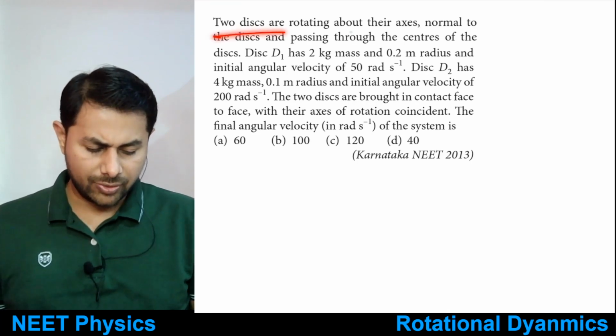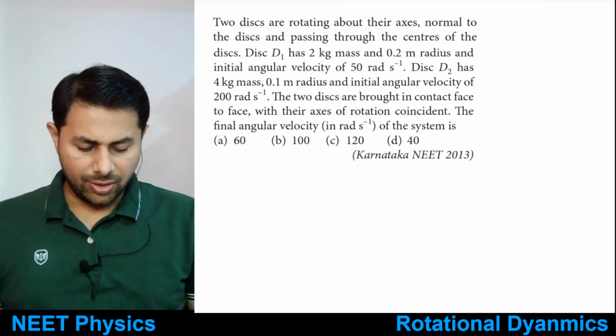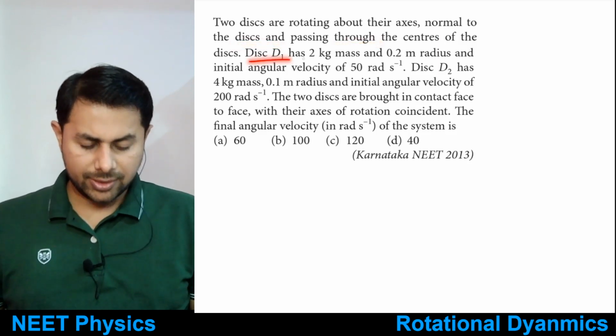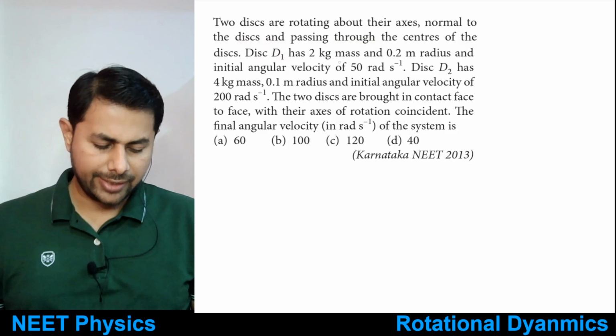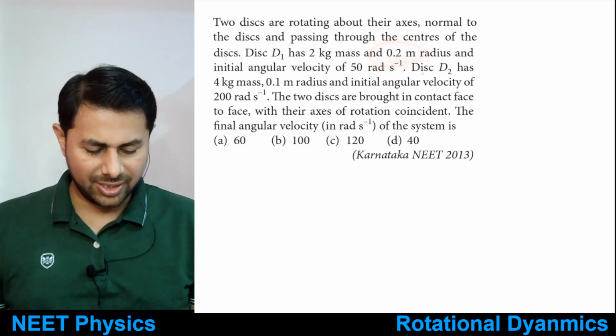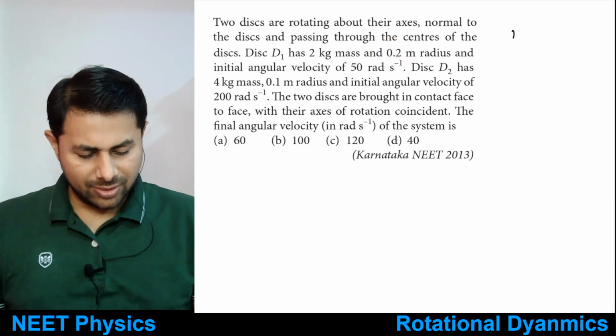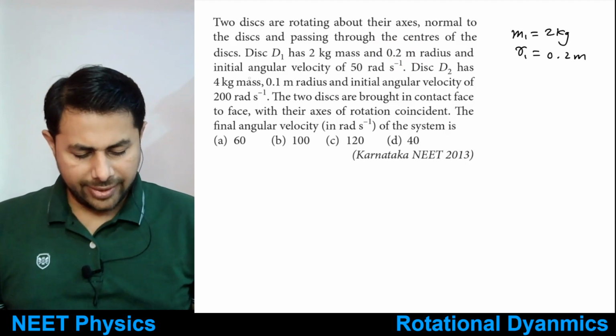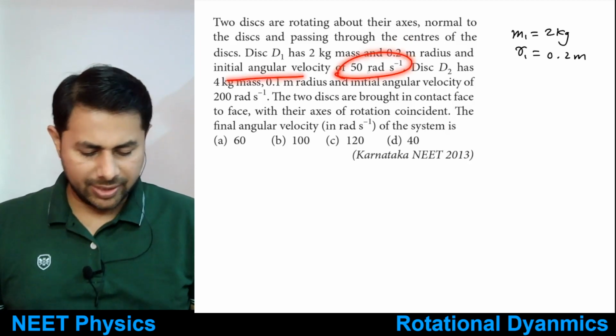Two disks are rotating about their axis normal to the disk and passing through the center of the disk. Disk D1 has 2 kg mass and 0.2 meters radius. So M1 is 2 kg and radius is 0.2 meters, and initial angular velocity of 50 radians per second.